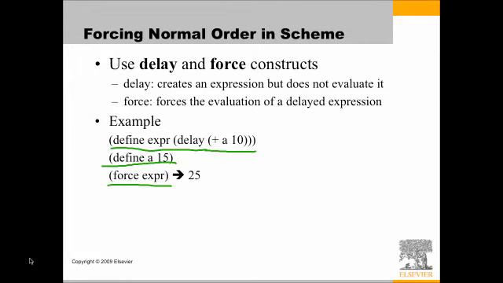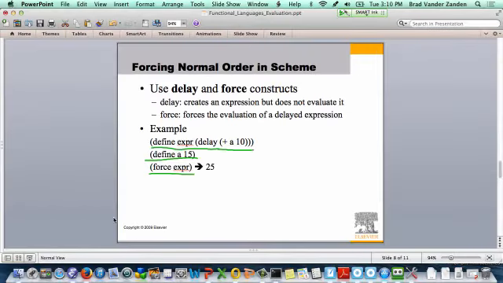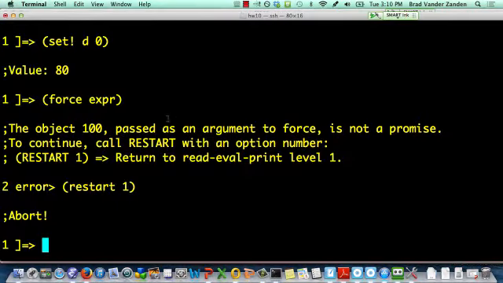So to give you an example of what I mean, we're going to go to the Scheme interpreter and we're going to enter what we just had. So we're going to first of all define an expression, and it's going to have the value delay plus a 10.